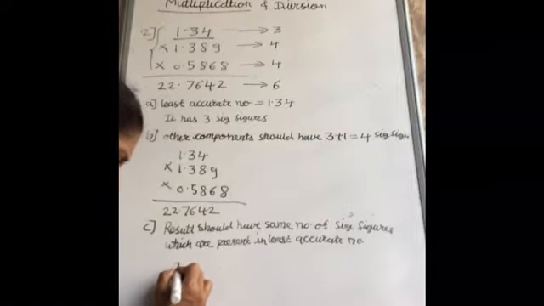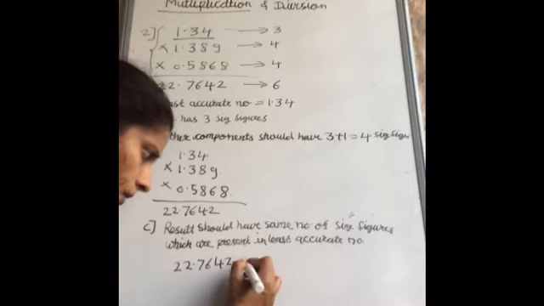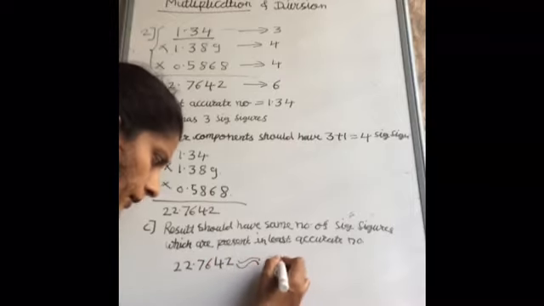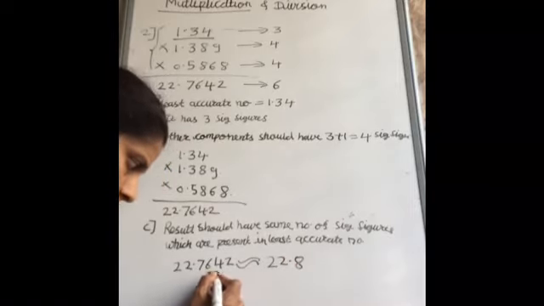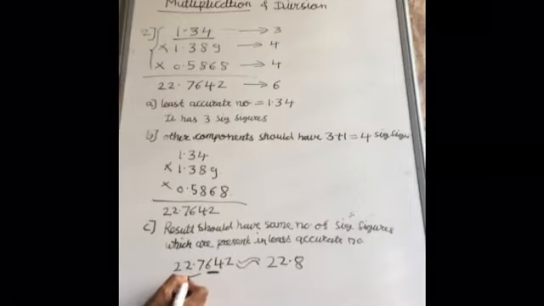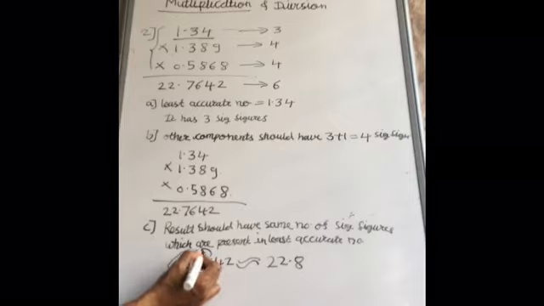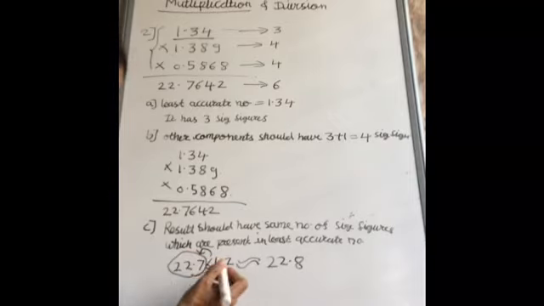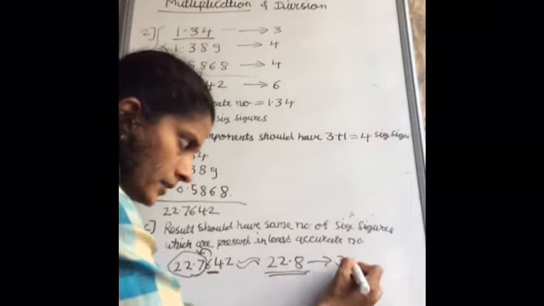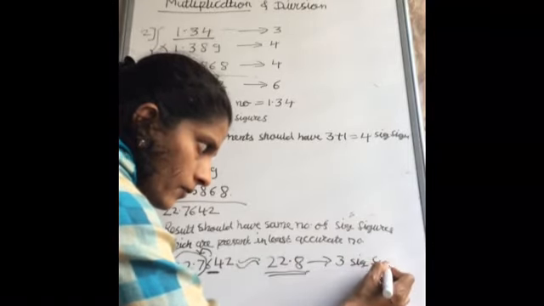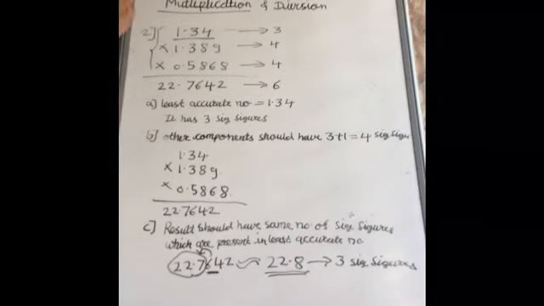So your answer 22.7642 is 22.8, because the digit after the third is 6. We have a maximum of 3 significant figures, and due to this 6 we add 1 here, as we saw earlier in our rules of significant figures. So your answer is 22.8, having 3 significant figures. This is about multiplication.